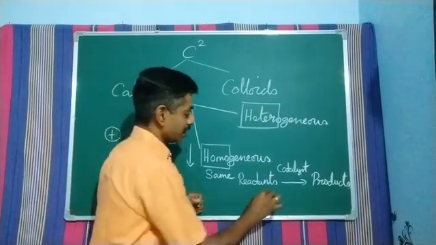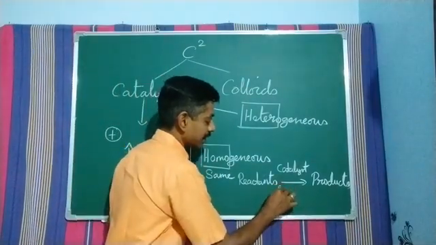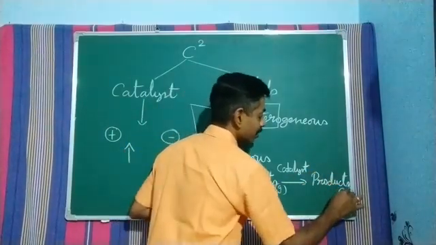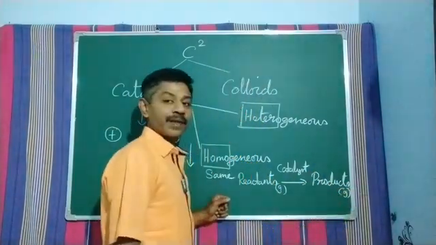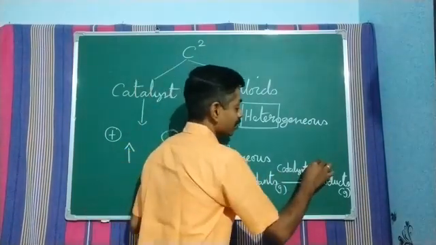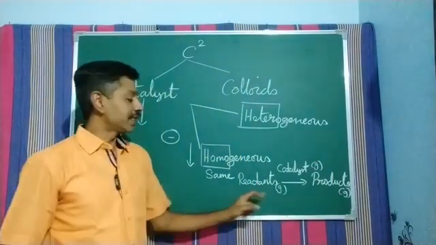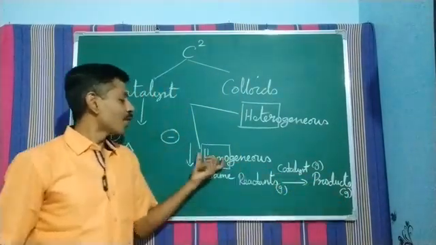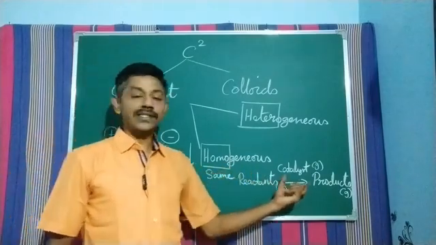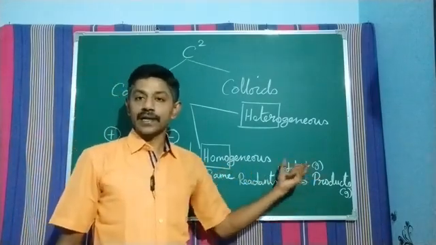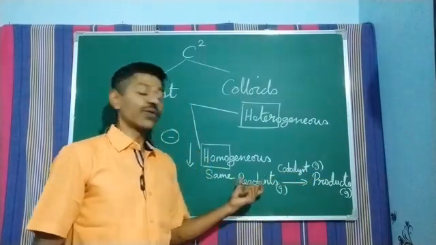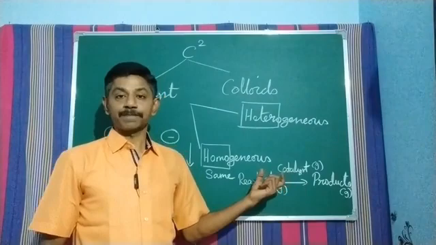In such a case, if the reactant is in gaseous form and the product is also in gaseous form, we choose a catalyst for this reaction that is also in gaseous form, then we talk about homogeneous catalysis. All three things, reactant, product and the catalyst, are in the same phase, then we talk about homogeneous catalysis.